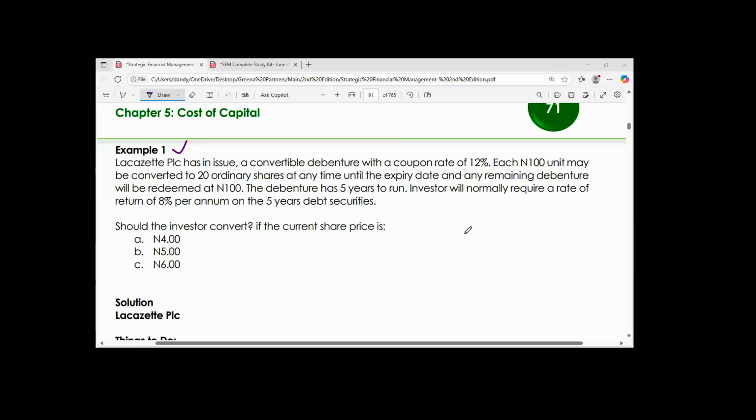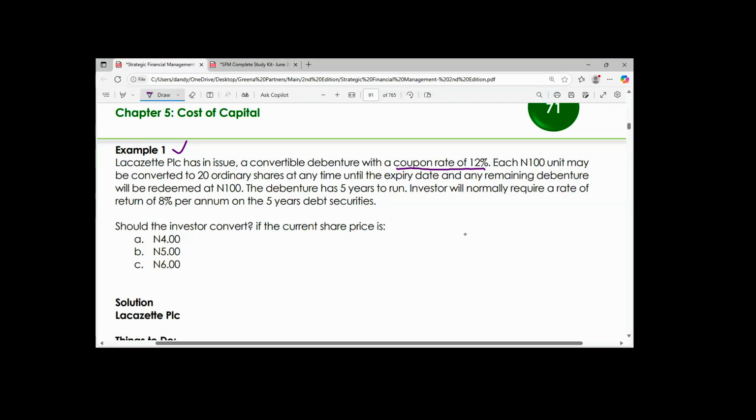Lacazette PLC has in issue a convertible debenture with a coupon rate of 12%. Each 100 units may be converted to 20 ordinary shares at any time until the expiry date, and any remaining debenture will be redeemed at 100 naira.